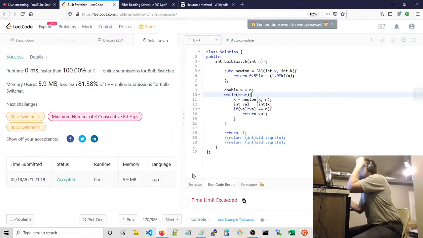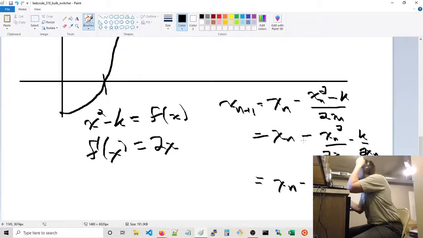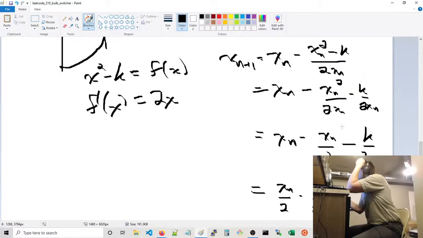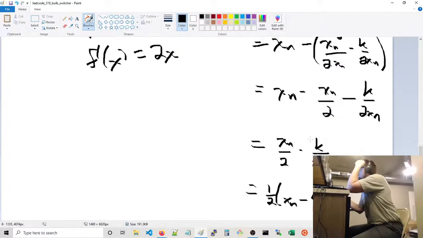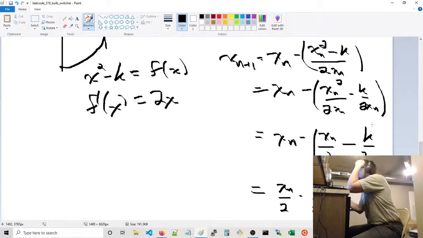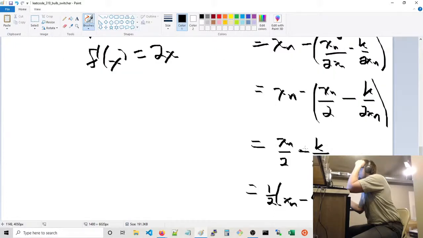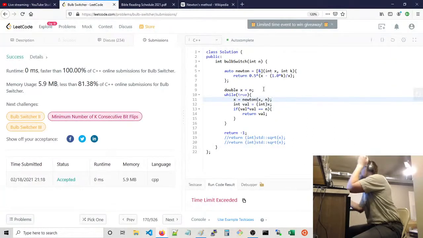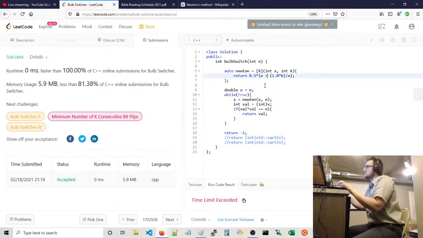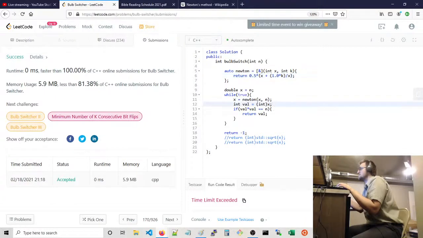Really? Am I doing something wrong here? Oh, that's probably why. It's this, plus k, that's why. Duh. I actually do remember that. I thought it was a plus sign or something.